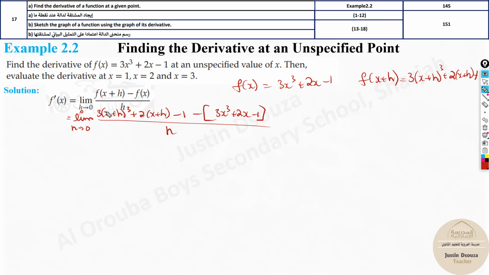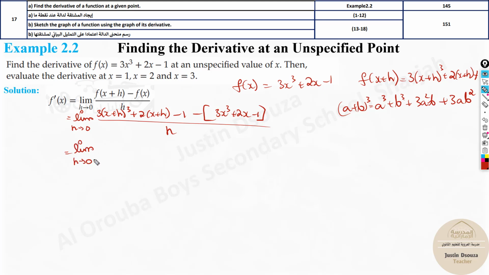Now here we can't directly solve it. You need to use the identity, that is a plus b the whole cube. I hope you remember, that's a cube plus b cube plus 3a squared b plus 3ab squared. Okay, and then now we just do the substitution again.